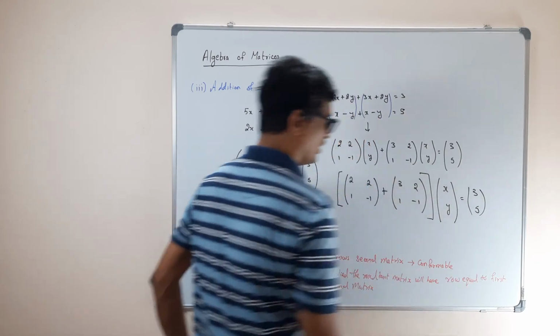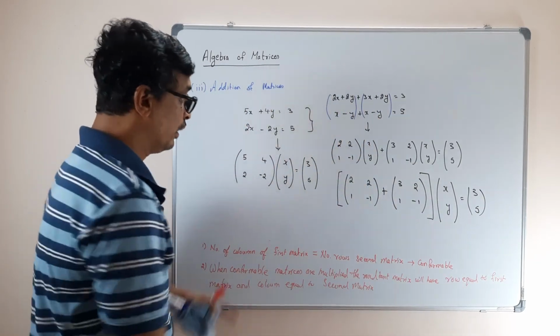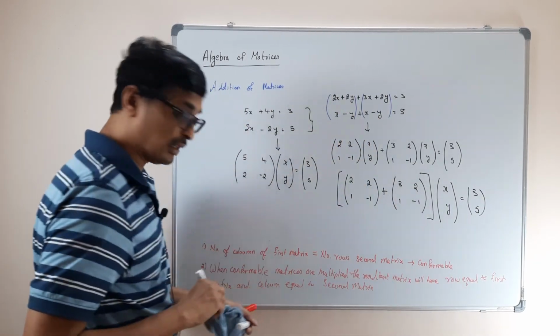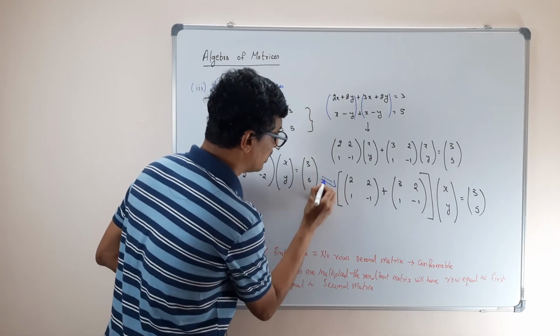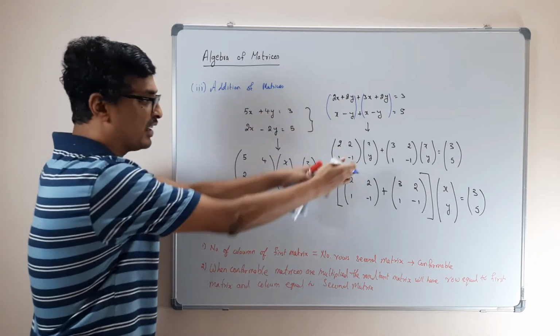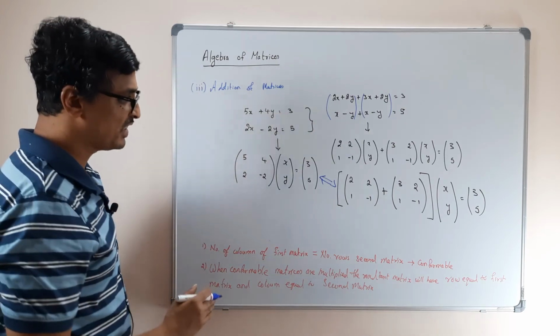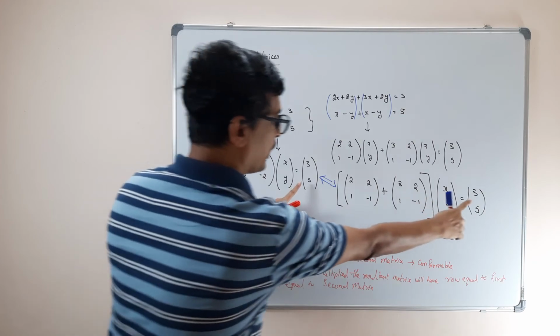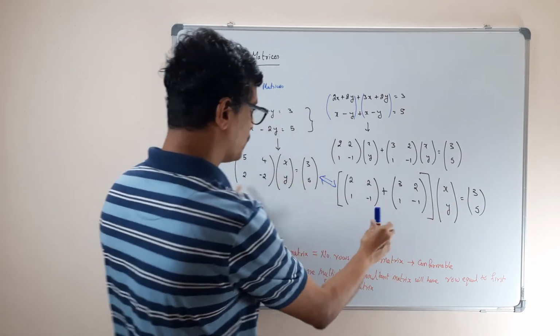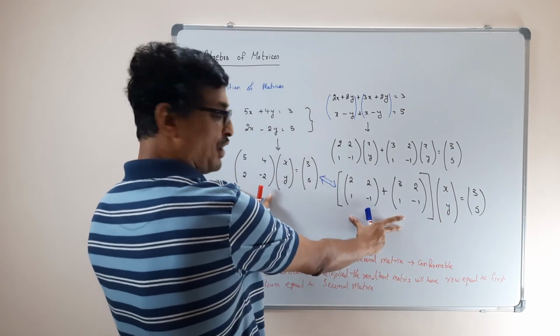Correct? Am I right? Now these two have to be equal. Is that correct? Because the same equation we wrote like this. So now what it says? So now you see, 3, 5 is equal, x, y is equal. So these two matrices also should be equal.